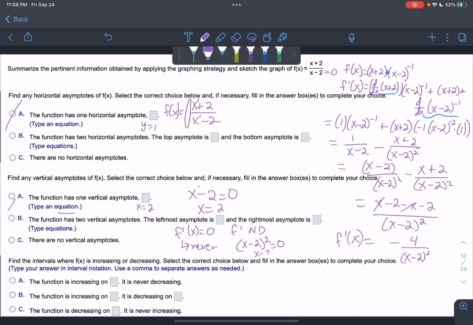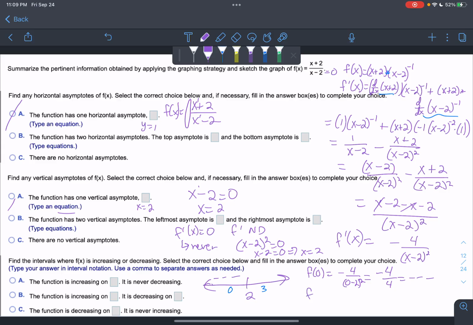So I get x minus 2 is equal to 0, which means x equals 2 is a partition number. So let's pick a point before and after it to test it. So my f prime of 0 is negative 4 over 0 minus 2 squared. Well, that's just going to be a positive 4, which gives me negative.